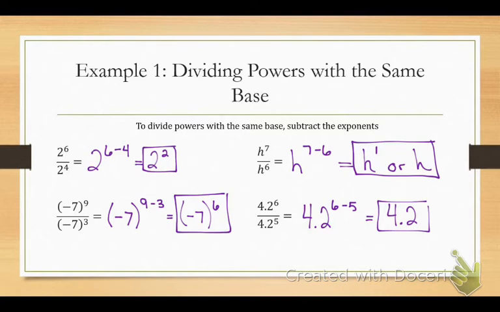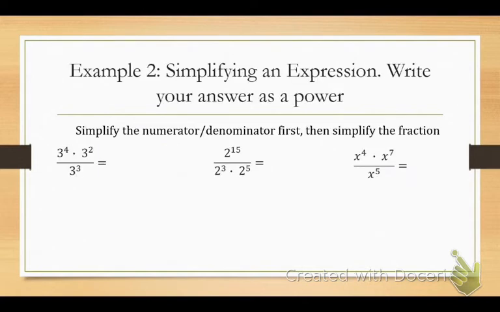Pretty good? Okay, so in example 2, now you're going to see we're bringing in concepts from what we learned yesterday to what we're learning today. You have to first simplify everything in the numerator and denominator, then simplify the fraction.